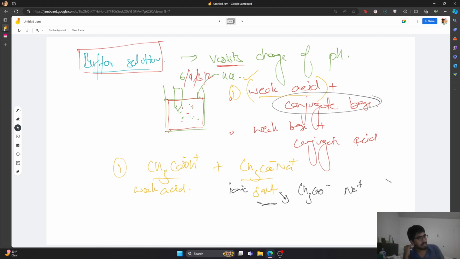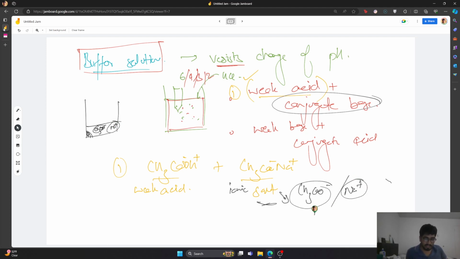Like we saw last time, in aqueous form, if they are inside the liquid, that means they are dissolved. They will go off as two free ions, CH3COO minus and Na plus. So this separates into two, and you have this and this.